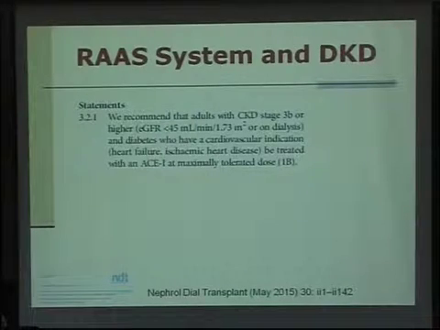The European Best Practice Guideline, and this is a new recommendation, recommends that adults with CKD, C3B or higher, or even on dialysis, and diabetes, who have a cardiovascular indication like heart failure or ischemic heart disease, be treated with ACE inhibitor at maximal tolerated dose.